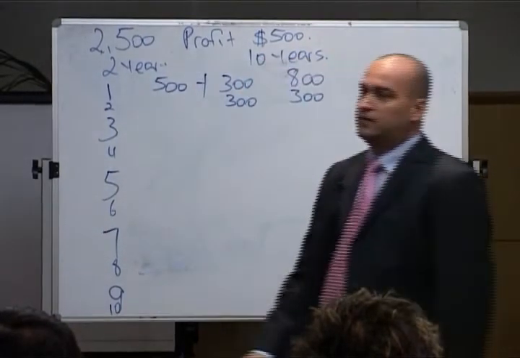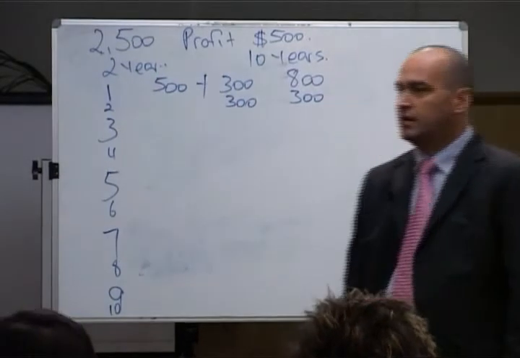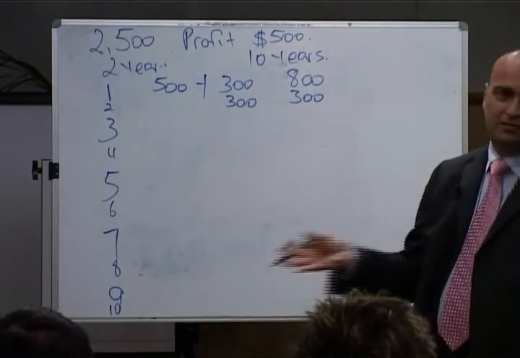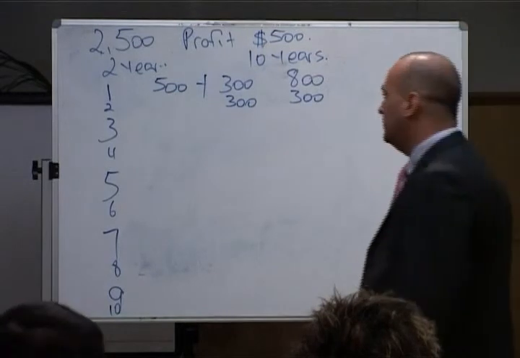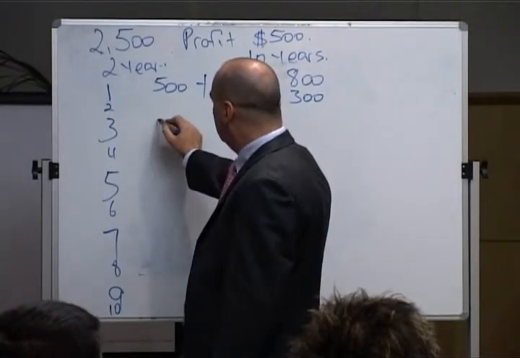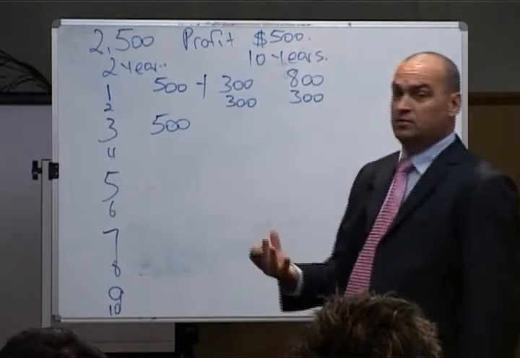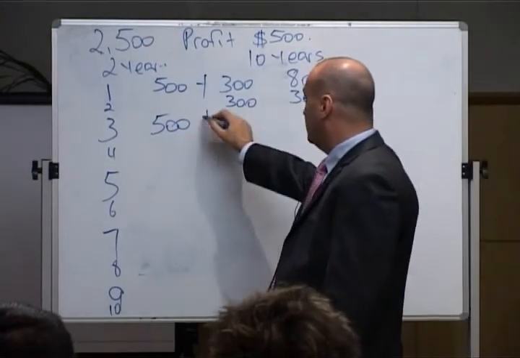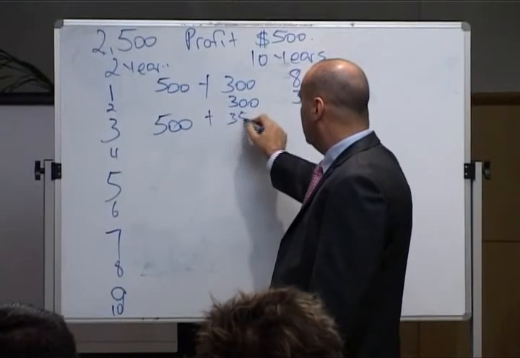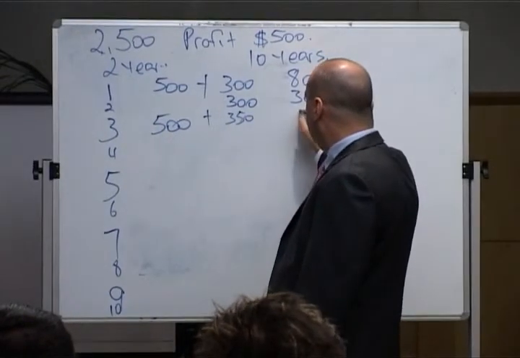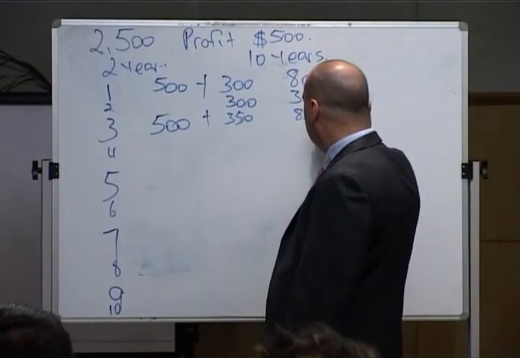Year three, effectively, you're up for another computer, aren't you? Now, margins can change, but we'll use the same figure. So in year three, might be another 500, but consumables have probably gone up. Let's call it 350. So at year three, you're worth 850.